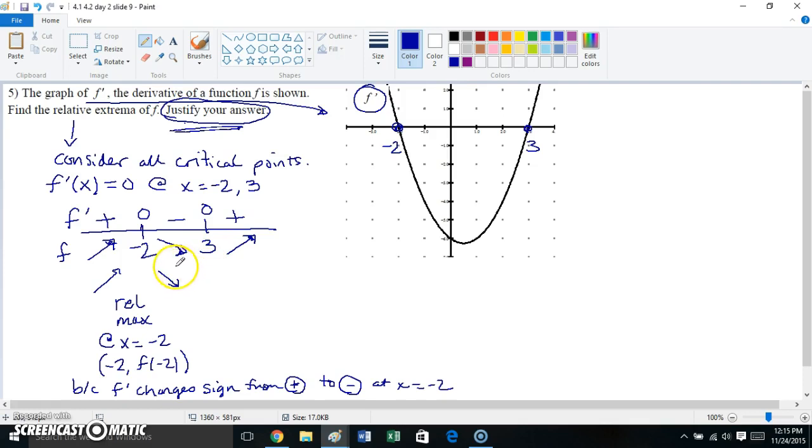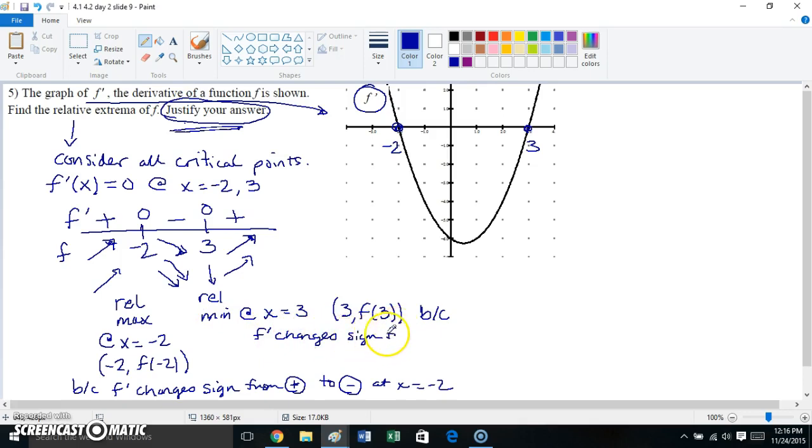Okay, continuing on, looking at the number line, the function is decreasing and then increasing. Therefore, at x equals 3, the graph has a relative minimum. The coordinate of the relative minimum would be 3, f of 3, and I know it's a minimum because f prime changes sign from negative to positive.